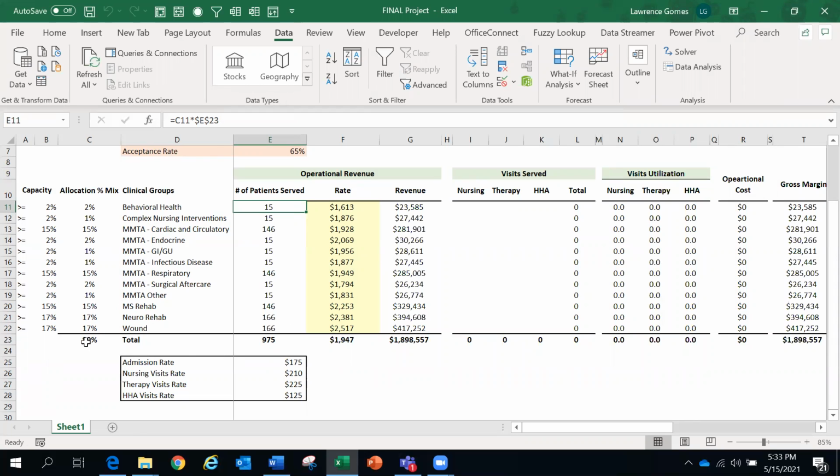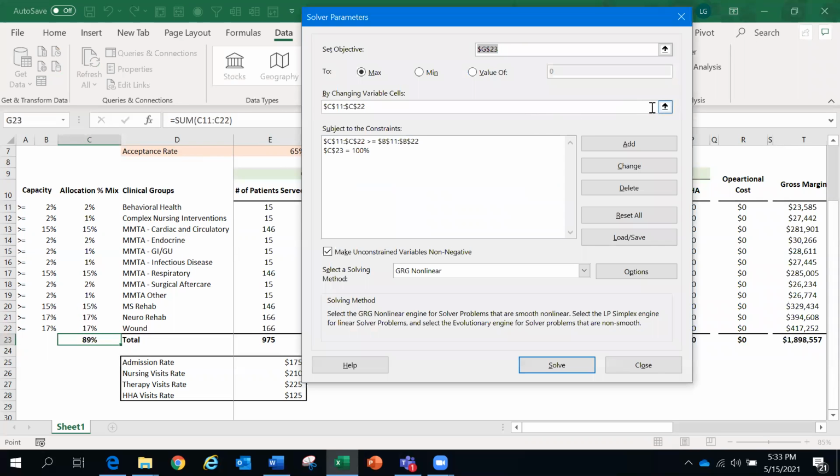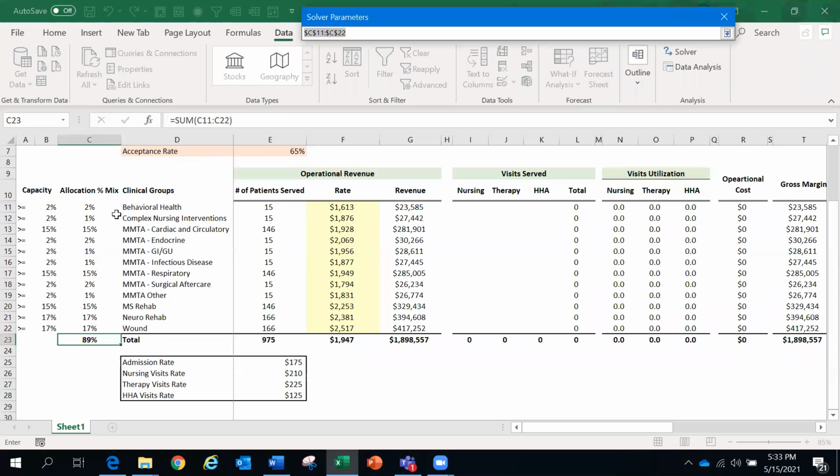If I run the solver, there's a particular reason why I don't have a 100% allocation mix.